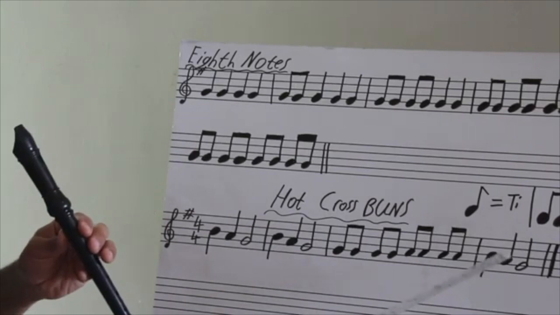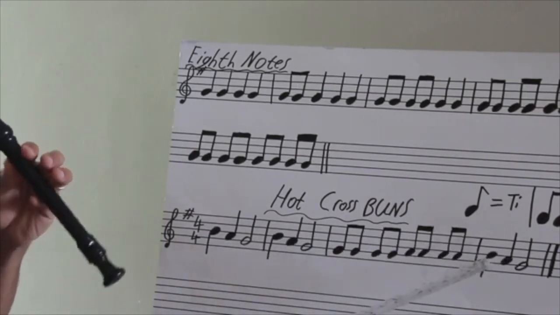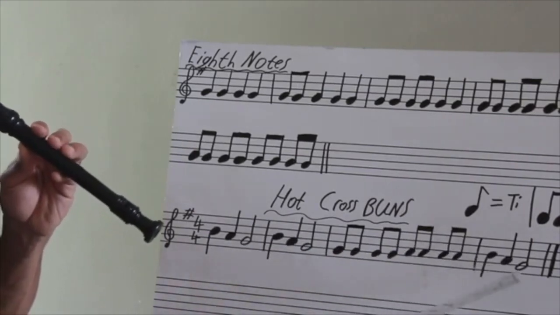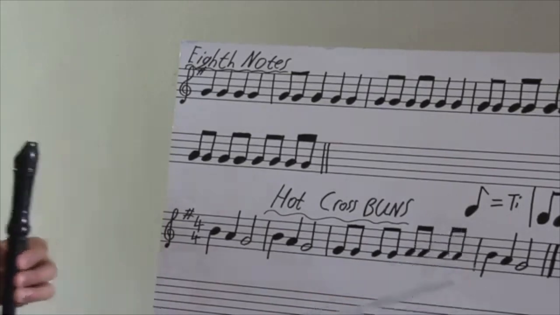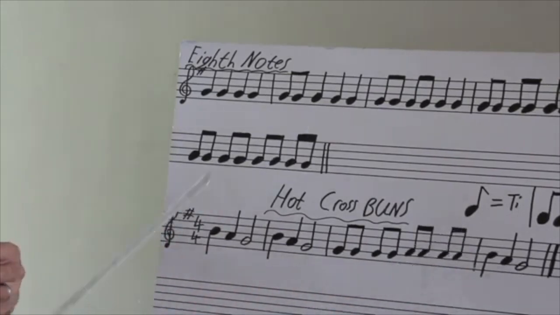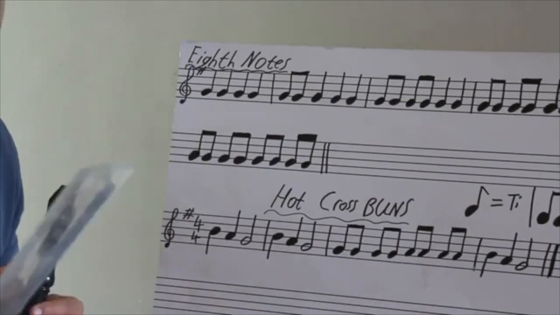Now, this fourth bar is exactly the same as the first two, so we're just going to play B, A, G again. So let's try to put the whole piece together. I'll play it with you twice, and the third time, you're going to play it by yourself.